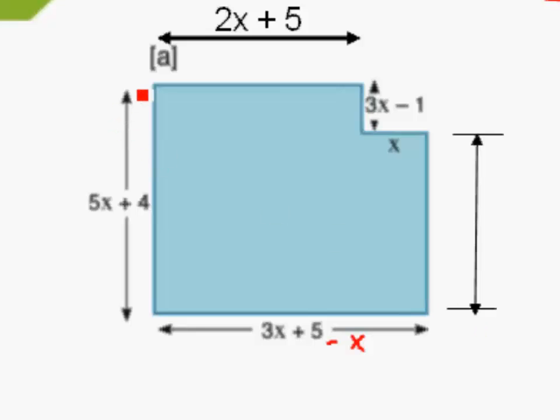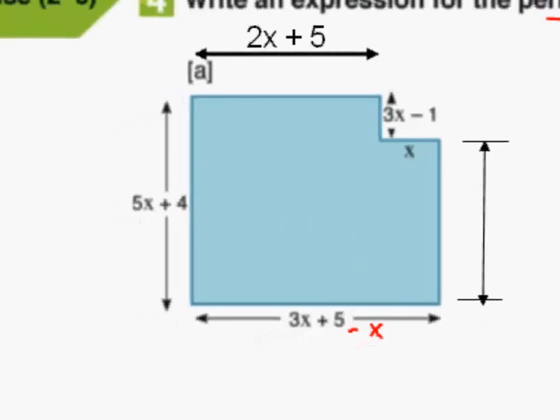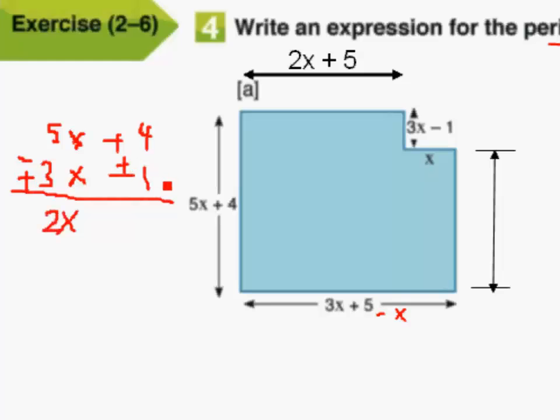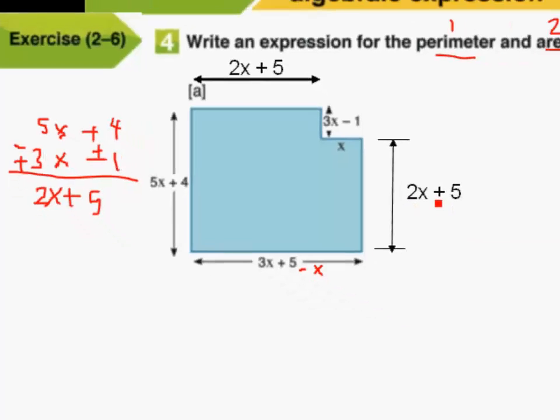This length is 5x plus 4 minus, in brackets, 3x minus 1. This is minus, so we have to change each sign for the second expression. We have 5x minus 3x is 2x, 4 plus 1 is 5, so this length will be 2x plus 5.